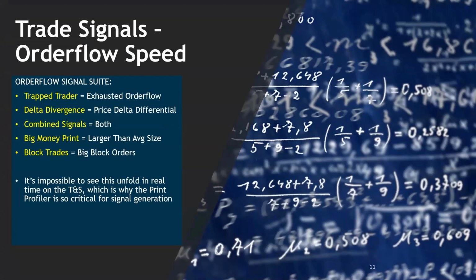So let's talk about algorithms. It's kind of the battle between man versus machine. We as retail traders are really at an advantage, because we can make human decisions, but at the same time we're at a disadvantage to computer algorithms.